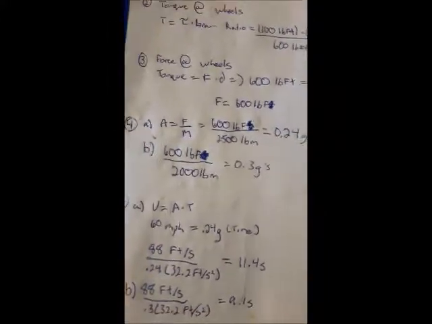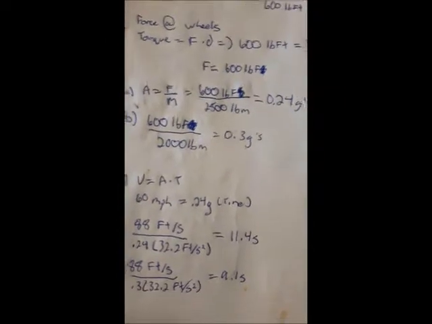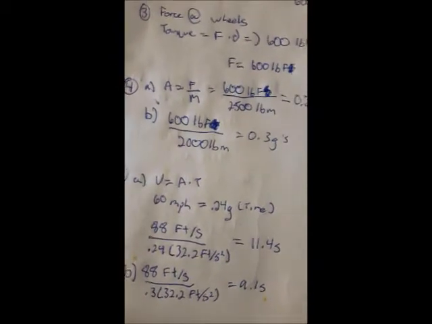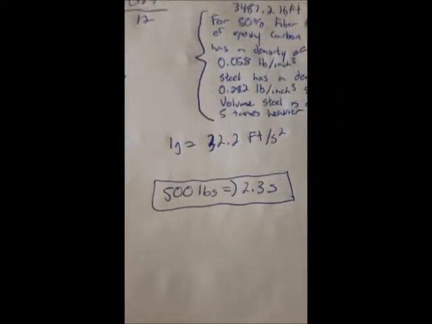Well, we'll do the same equation. Your acceleration is equal to your force over your mass. Well, you have a 600-pound force. Now you only have 2,000-pound mass. So therefore, you have 0.3 g's. Now remember, 1 g is 32.2 feet per second squared.